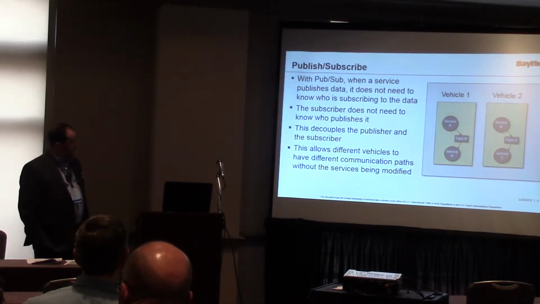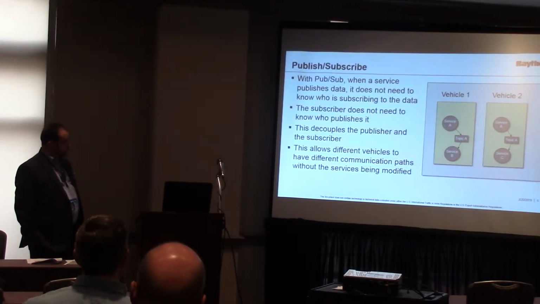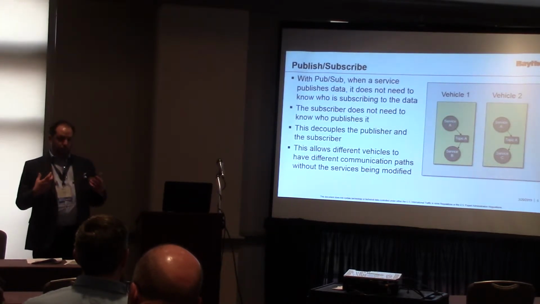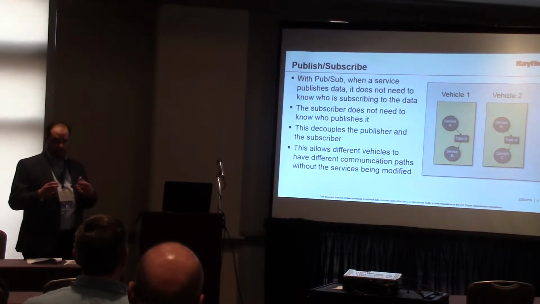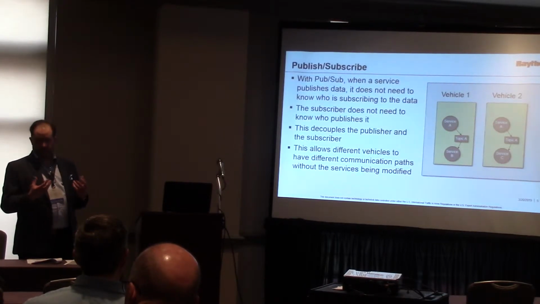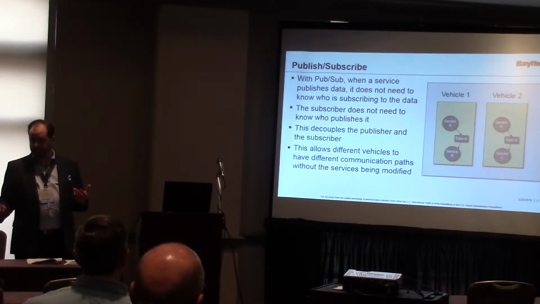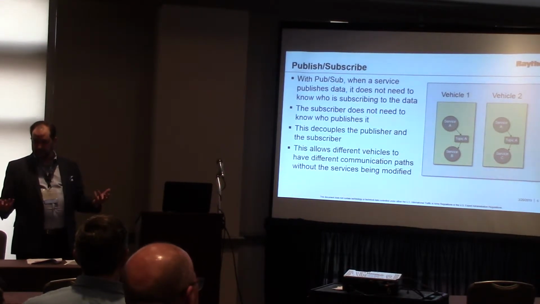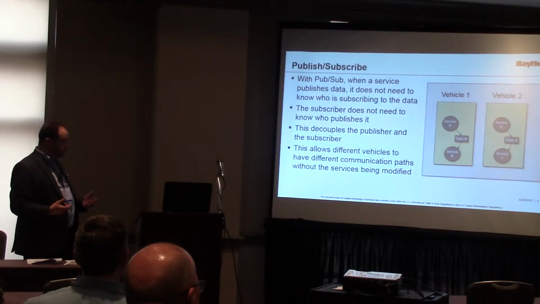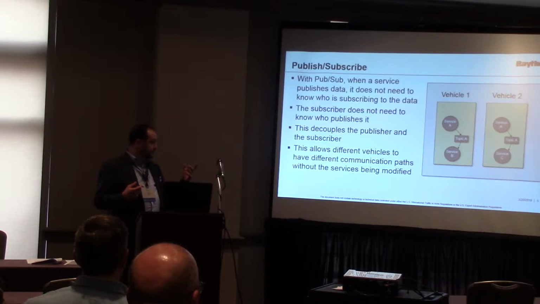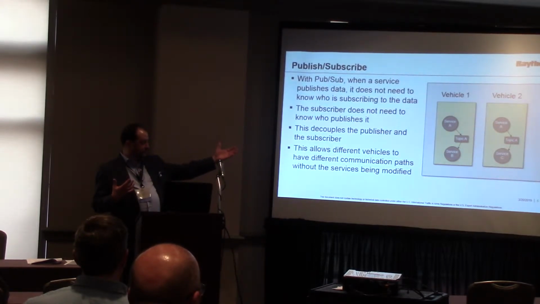So the next piece is the pub sub. What we do in our system, because of all the various configurations, is that all of our services are aware of the topics that they subscribe to, they're aware of the topics they talk to, and they're aware of nothing else. So what that allows us to do is, when the system starts up, everybody connects to the right things.